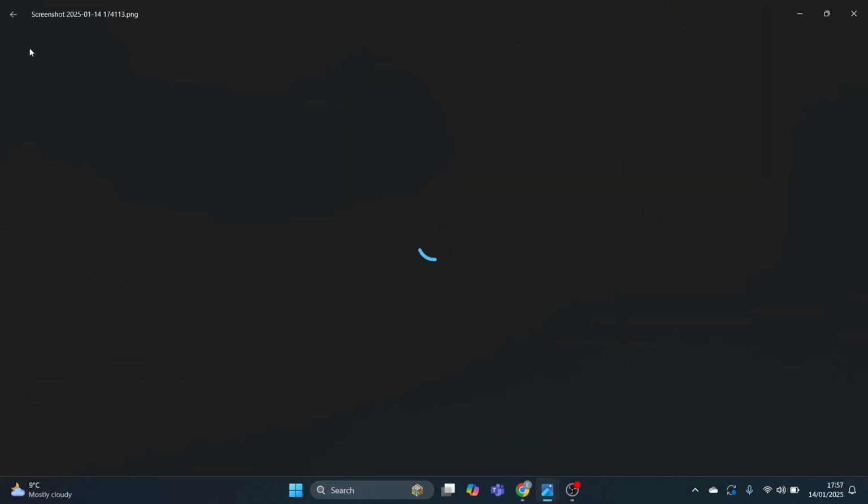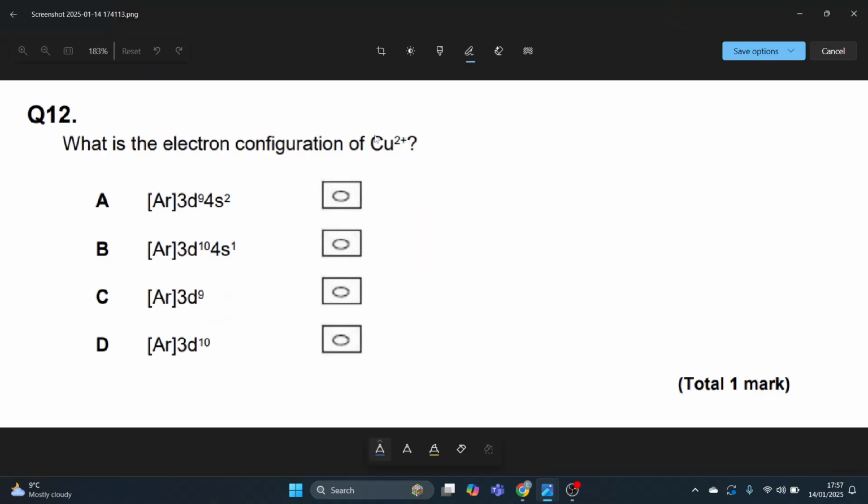Question 12. What is the electron configuration of copper 2+? So remember, copper has got 29 electrons. However, because of this 2+ charge, you have to minus 2, and therefore I'm left with 27 electrons.